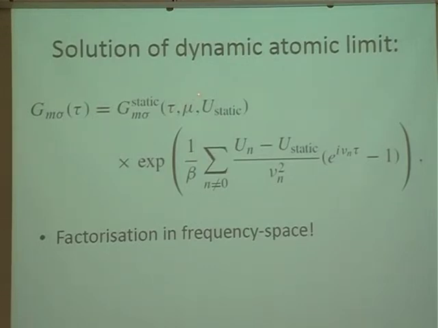You look at your function U of omega, take the limit omega to 0. That's the static U. And you calculate the Green's function for the atomic limit with that static U interaction. And that's the first factor.